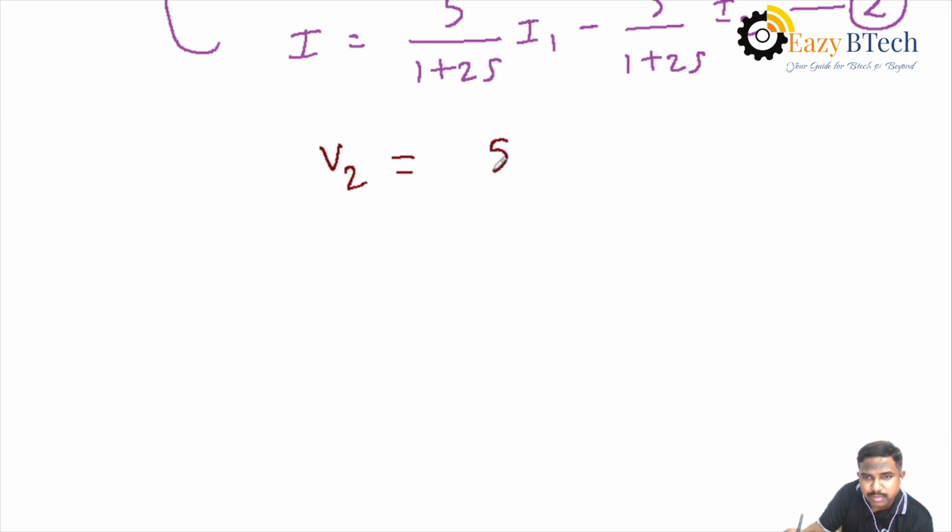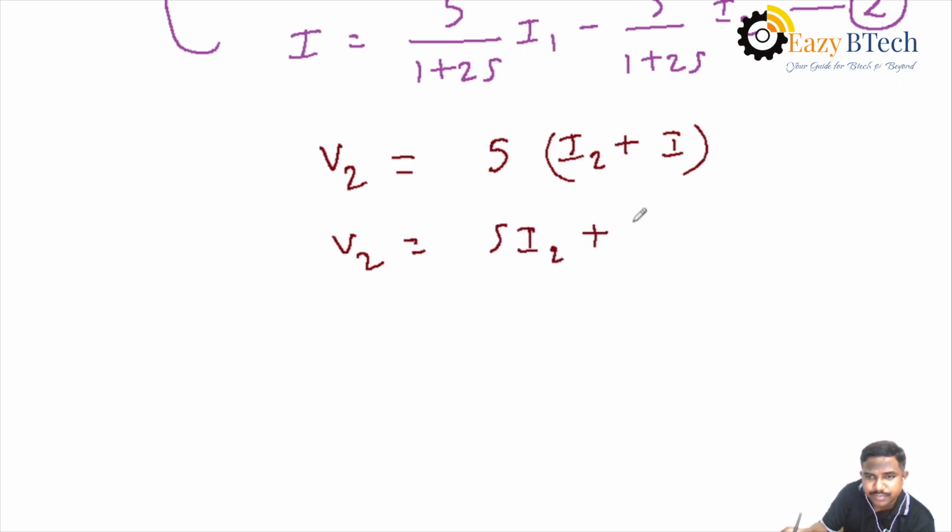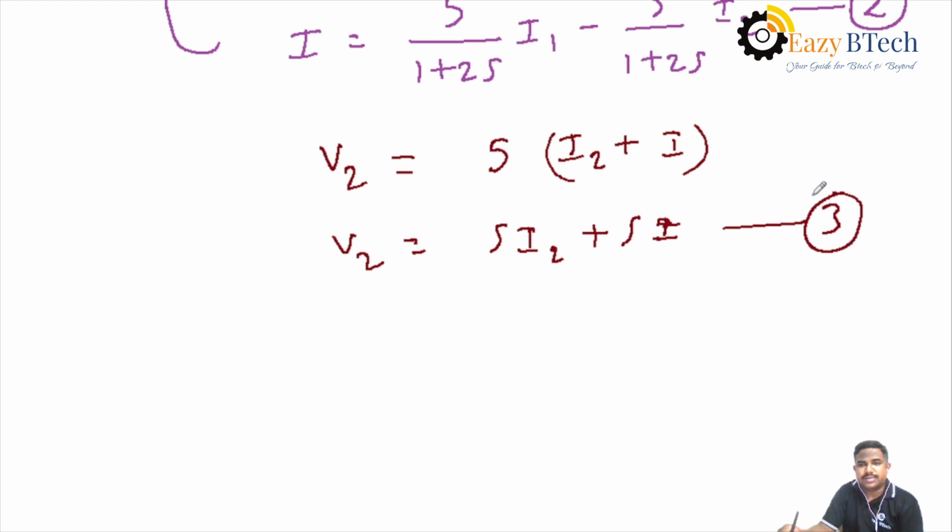Then the only element is S, and both currents are passing in the same direction. That's why V2 equals S into I2 plus S into I. This is the third equation.